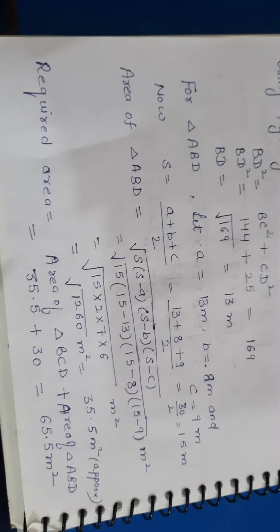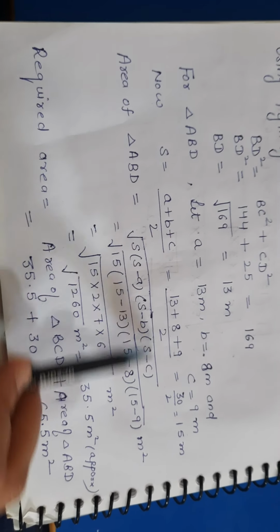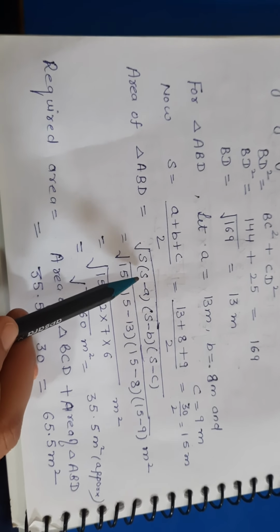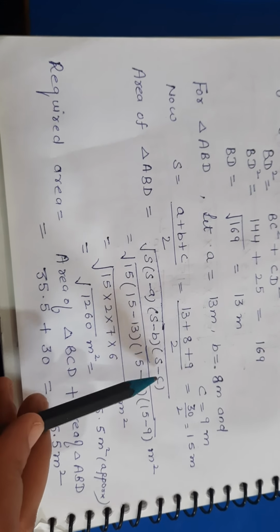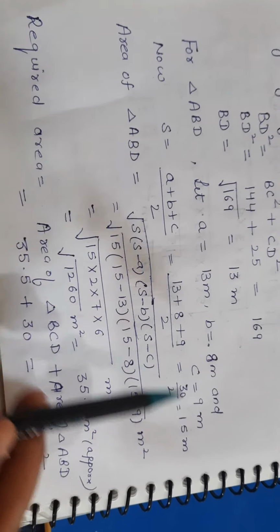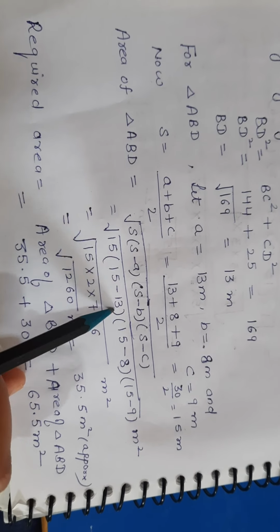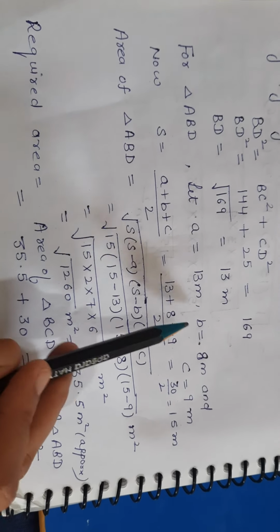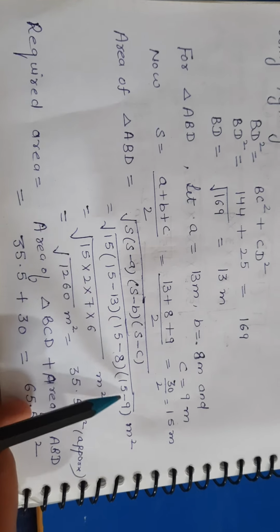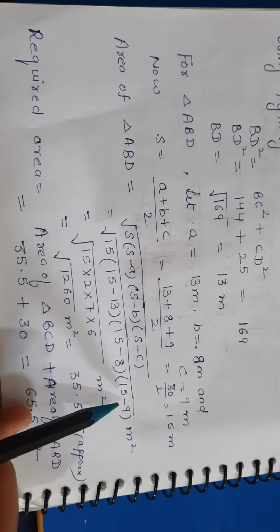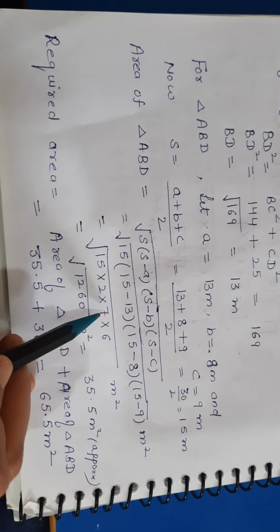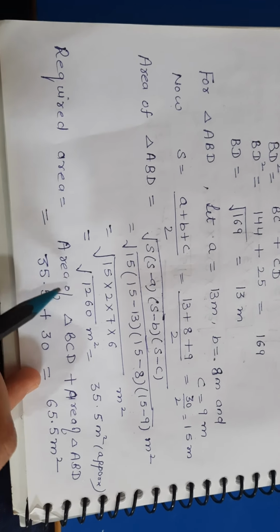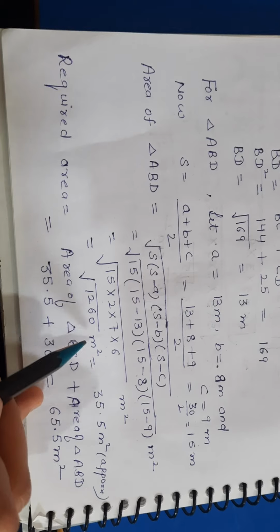Apply Heron's formula. Area of triangle is under the root s into (s minus a) into (s minus b) into (s minus c). So s is 15, into 15 minus a is 13, into 15 minus b is 8, into 15 minus c, 15 minus 9. So this is 15 into 2 into 7 into 6. This is under the root 1260.